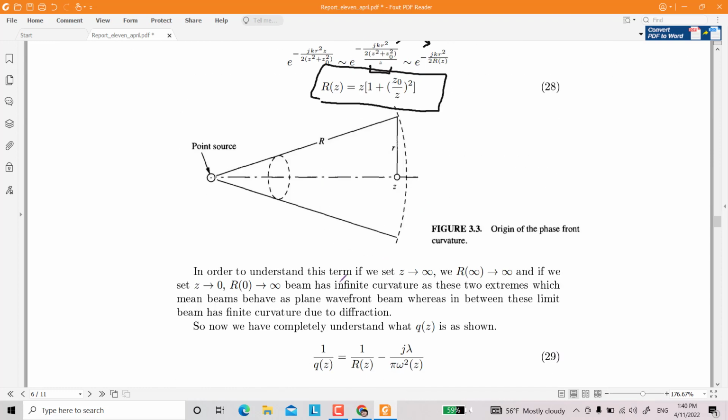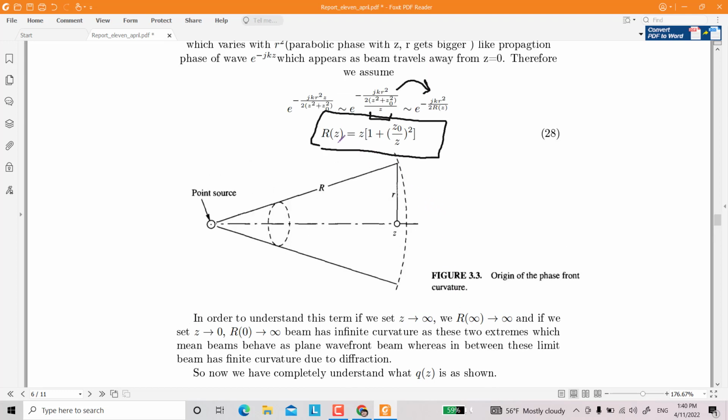So let's say z goes to infinity. We are dealing with this R of z at the boundaries. So when z goes to infinity, means very far from the beam waist or even far from the confocal parameter, very far, R of z is infinity.